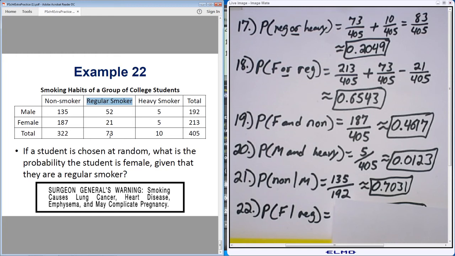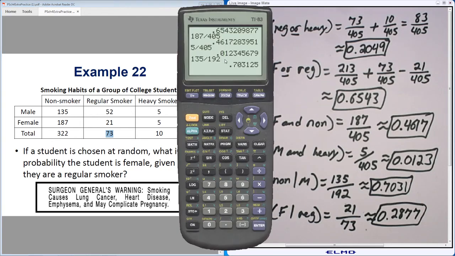The total of the regular smokers is 73, so that will go in the denominator. Out of those 73 regular smokers, 21 are female. So 21 out of 73. And you get the answer, 0.2877.